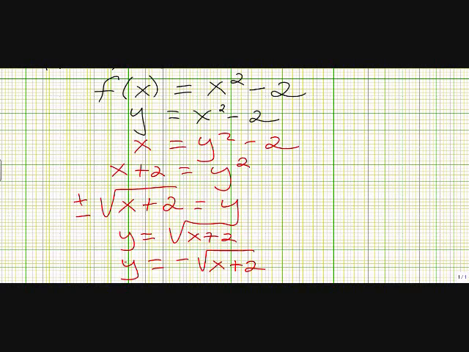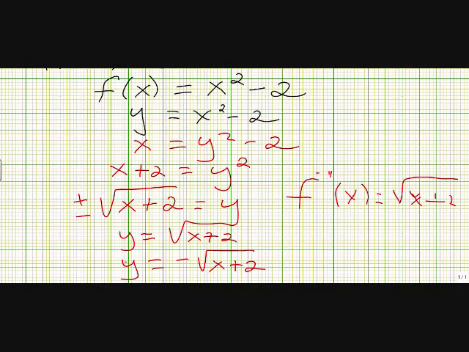All right, so this is f of x, but since it's the inverse, I get to call it f with a little exponent of -1. Oh, that's awfully small to write with my finger. Equals square root of x plus 2. I don't know why the pen doesn't want to work.